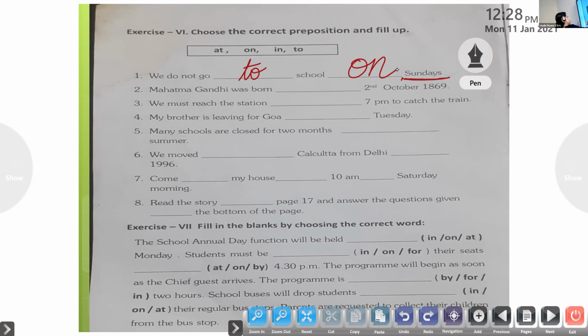Now let's move on to Shravan. Shravan, come on. Do the next question for me. Shravan, are you there?